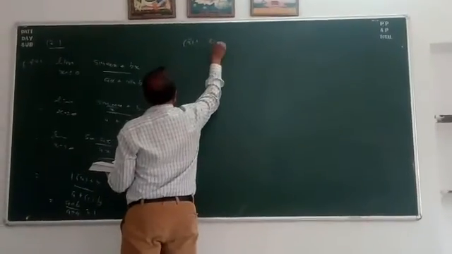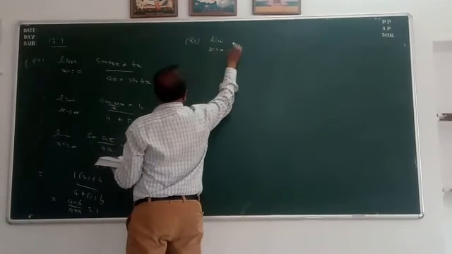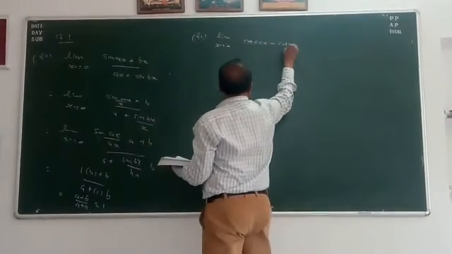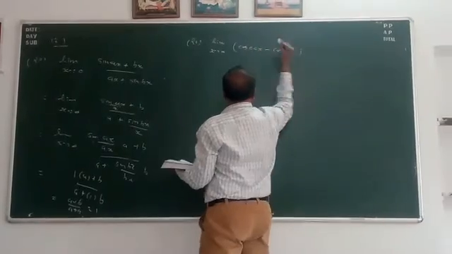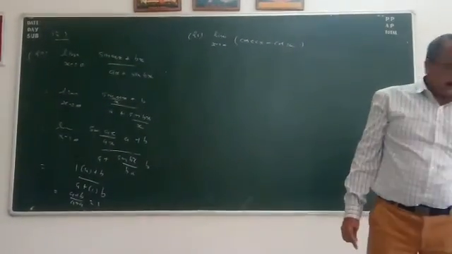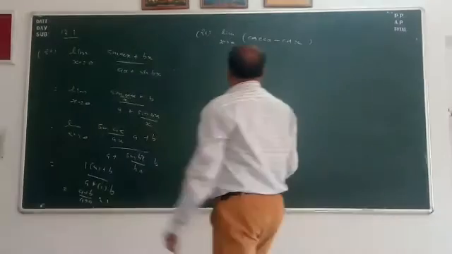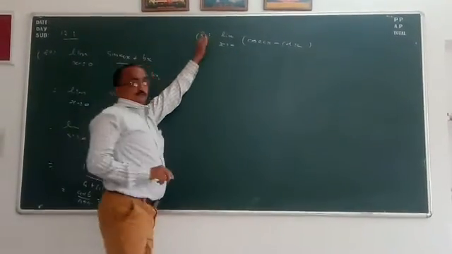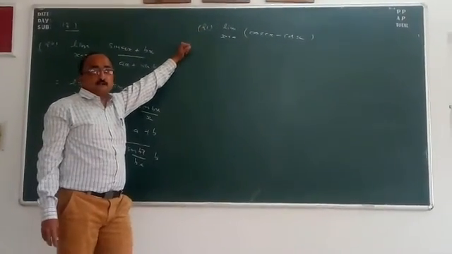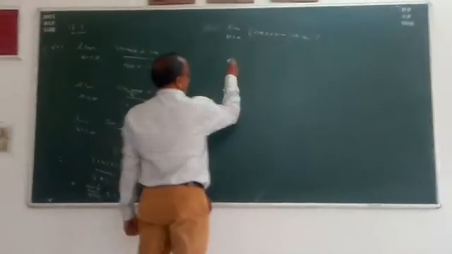Find the limit x tends to 0 cosec x minus cot x. In this type of question, here limit x tends to 0 cosec x minus cot x, first change this cosec x and cot x into sin and cos form.